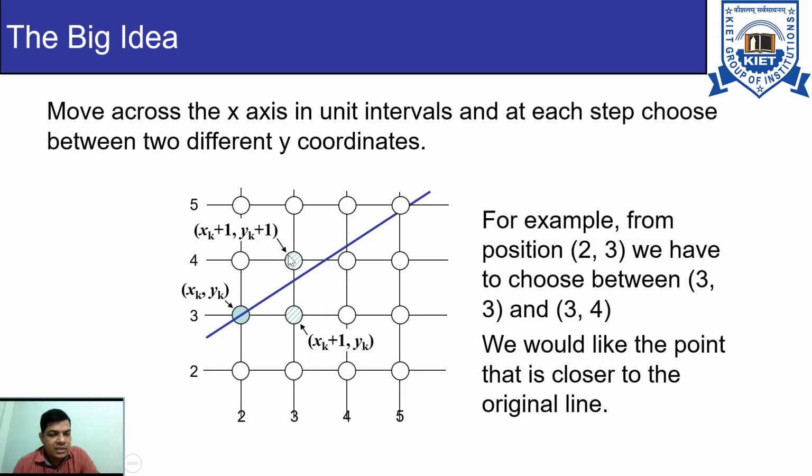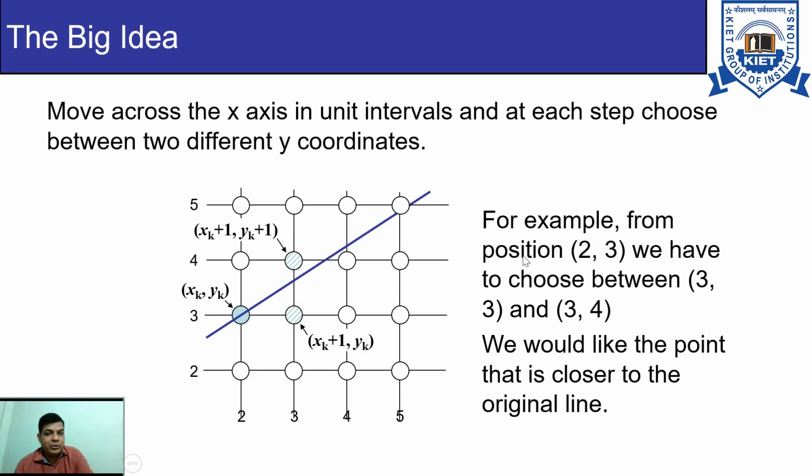We have to choose any one pixel from these two options, and we will choose the pixel which is nearer to the true path line. From this diagram we can see that the pixel at xk plus 1 comma yk plus 1 is much nearer in comparison to xk plus 1 comma yk.